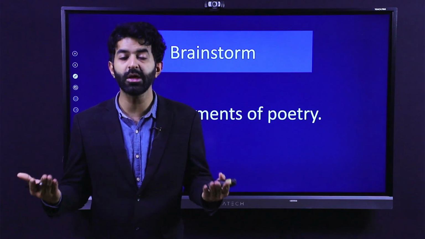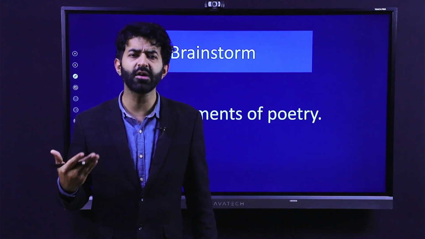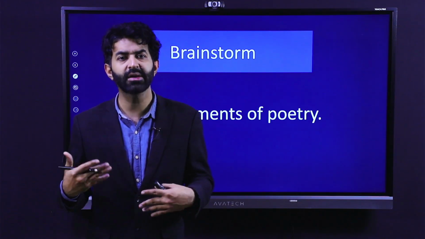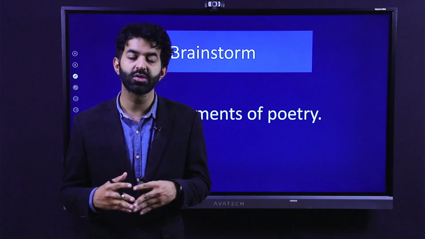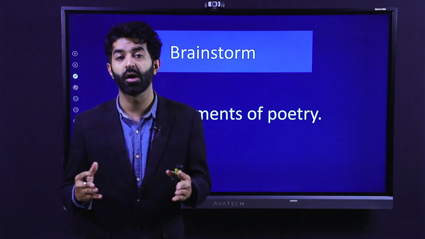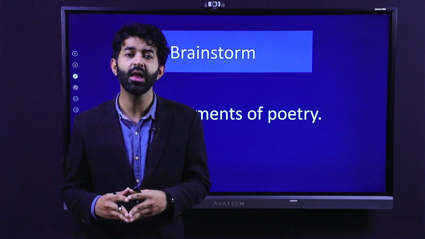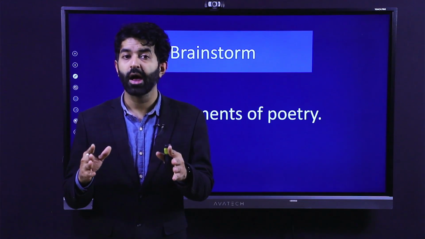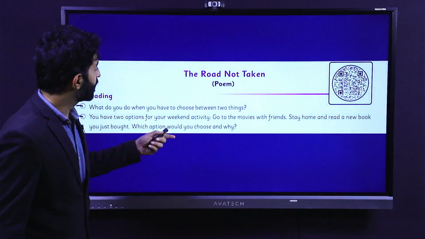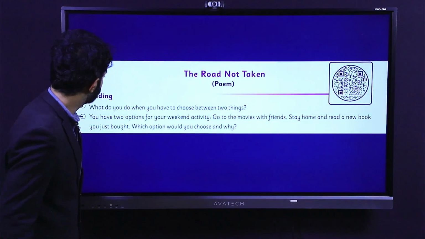It can be a free poem, or it can be a narrative poem that also contains a story. So these are the three types of poetry that we discussed in the previous lesson as well. For now, let's talk about the following: The Road Not Taken.